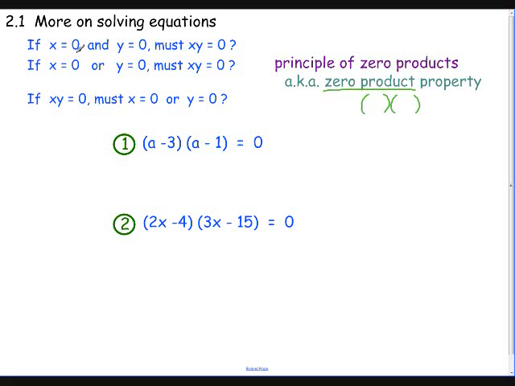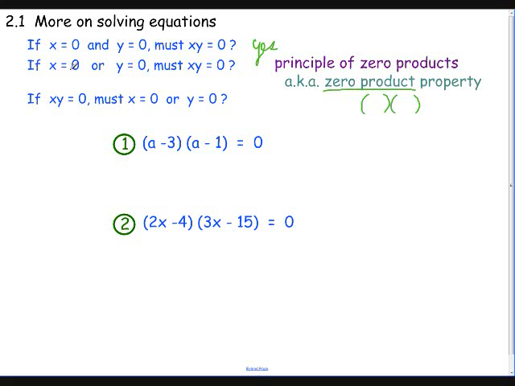If x is equal to 0 and y is equal to 0, if we multiply those together, do we necessarily get 0? Yes, we do.